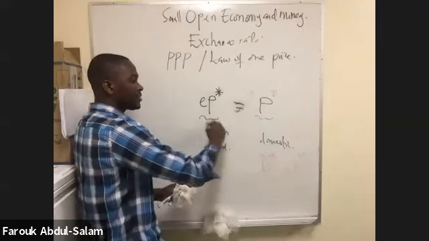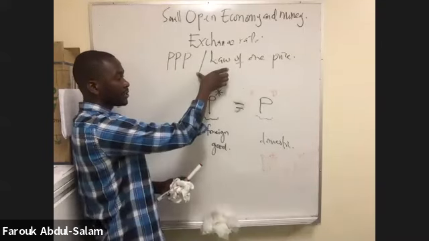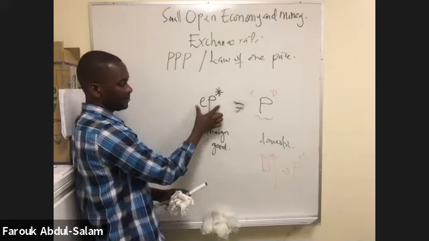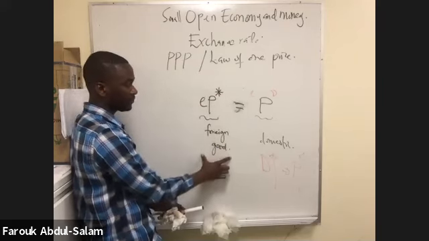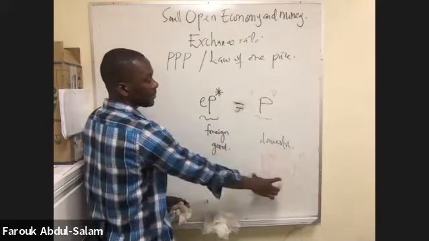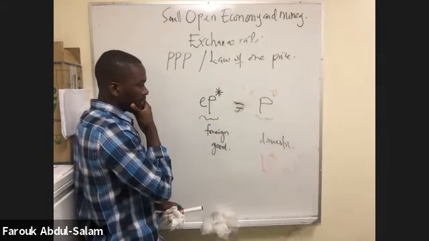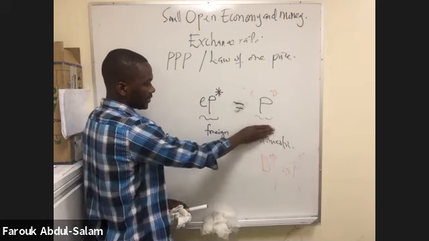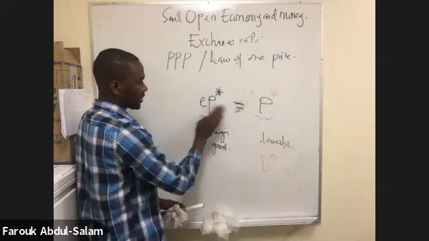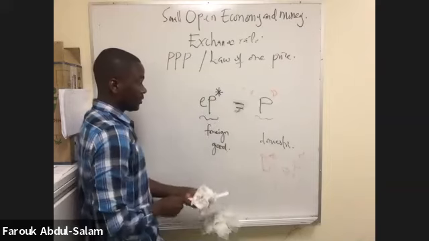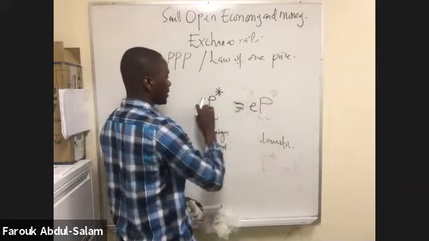Now that we are down the law of one price, what you tend to see here is if the law of one price holds, it means the price of the foreign will be the same as the price of the domestic. Now, what do we see here? I'm going to shift this guy to this side. Either way should work. For the sake of space, I'm just going to shift this guy to this side.